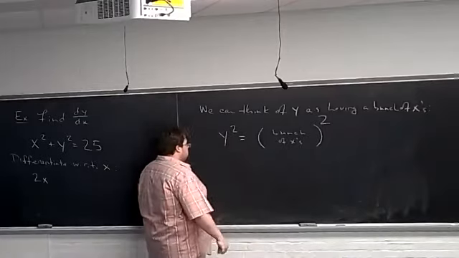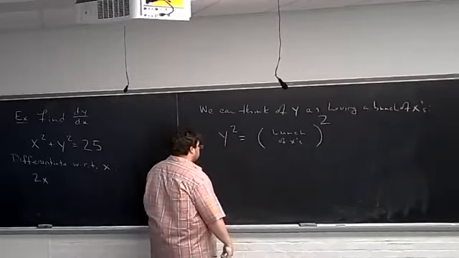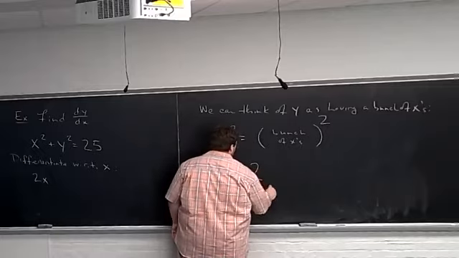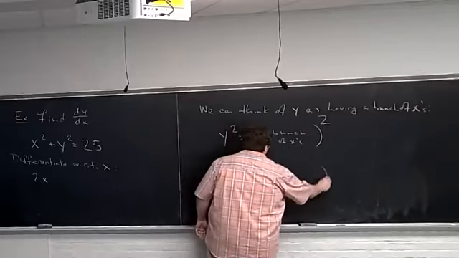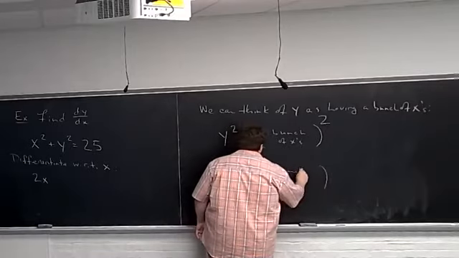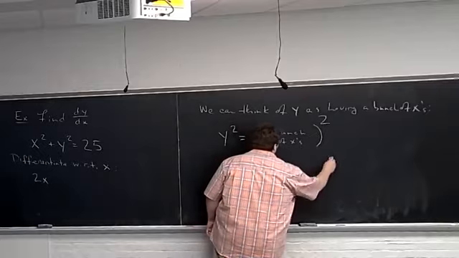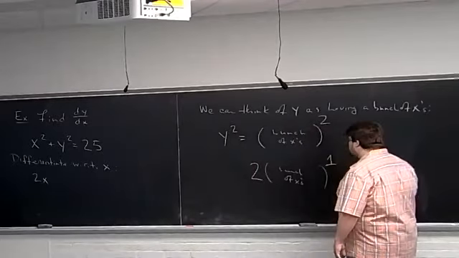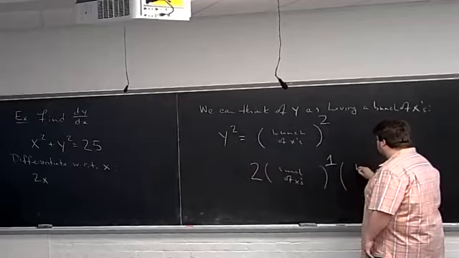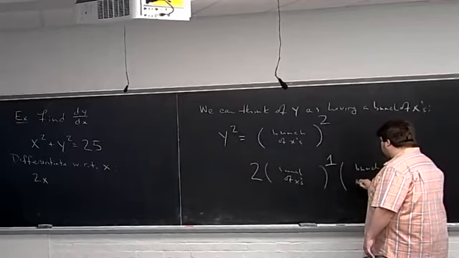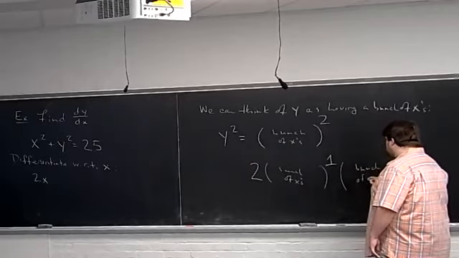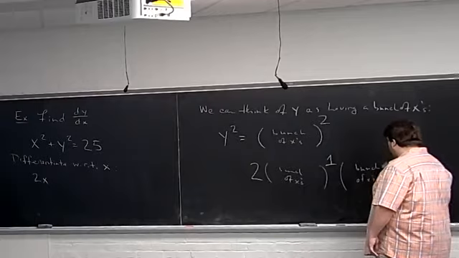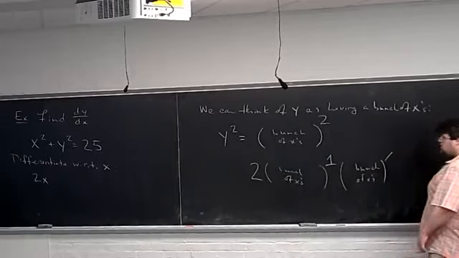The chain rule says the derivative of something all squared is 2 of them to the first power times that inside, the bunch of x's, times their derivative.